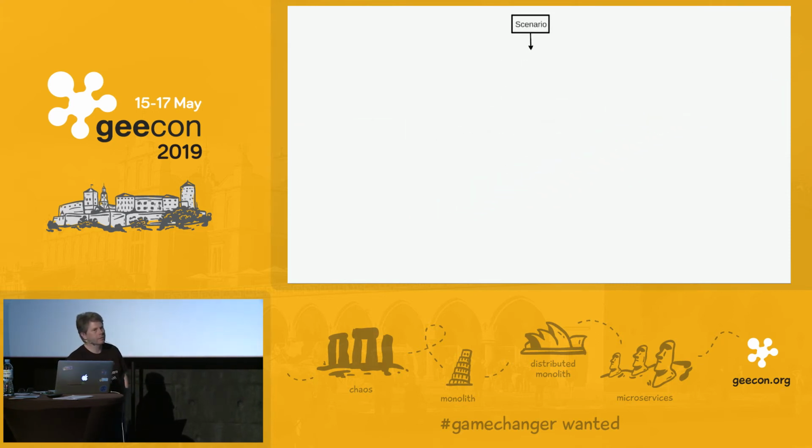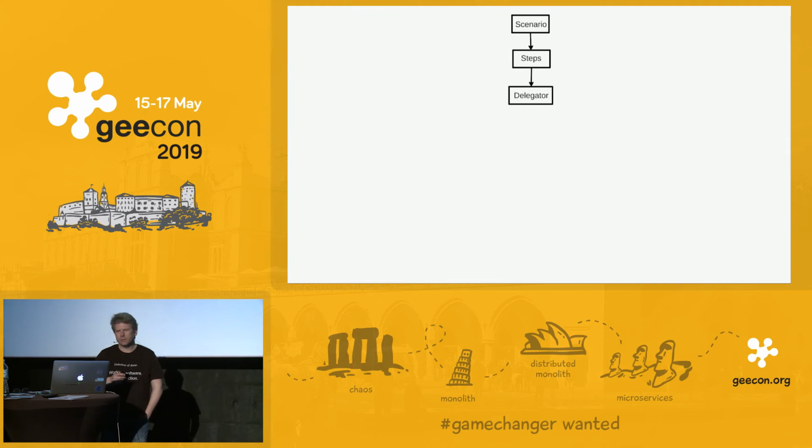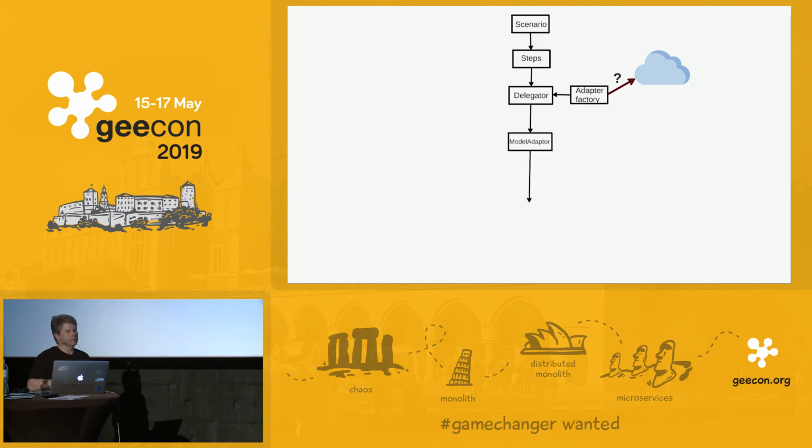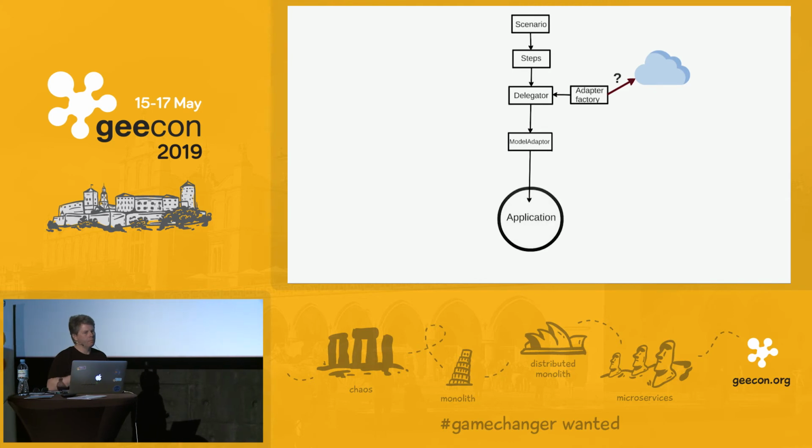Another way of looking at this is pretty much the same picture, just turned around a little bit. Scenario steps, delegator, nothing new here. Ask for how to connect. And then we have a model adapter. And then we have our application.